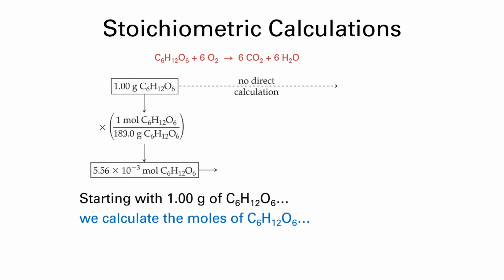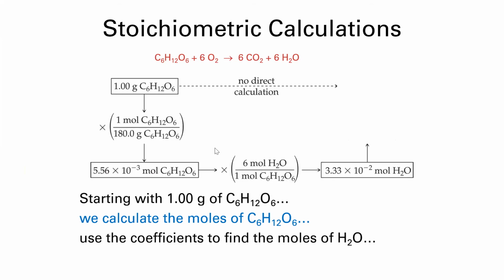We divide it by the molar mass, or the molecular weight. It has 180 grams per mole. When we have 1 gram, it means we have 5.556 multiplied by 10 to the minus 3 moles of C6H12O6. After we get the moles of this compound, we can then calculate.